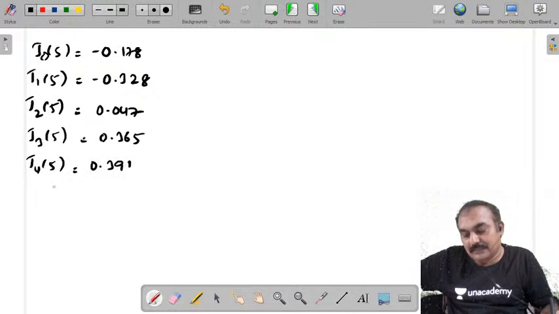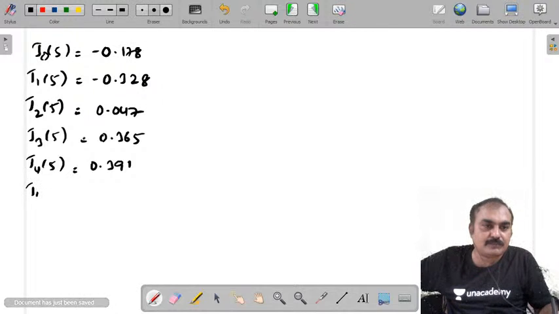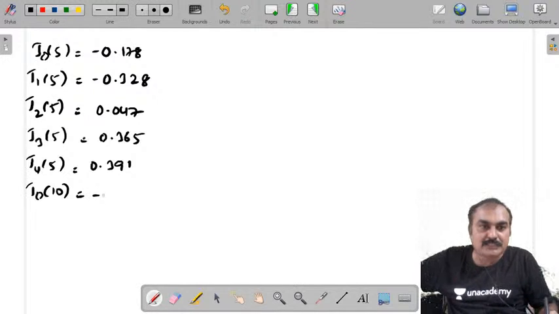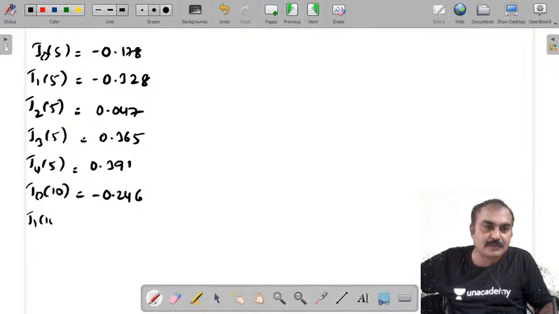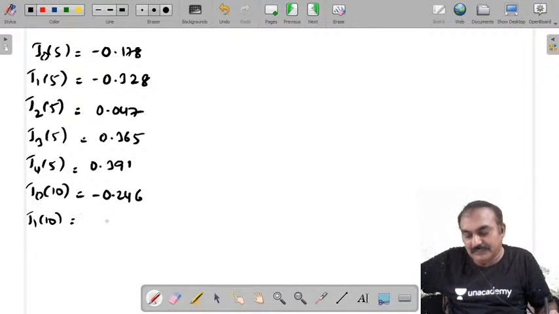0.391, and similarly he has given J0 of 10 also. J0 of 10 equal to minus 0.246. Similarly J1 of 10 equal to 0.043.